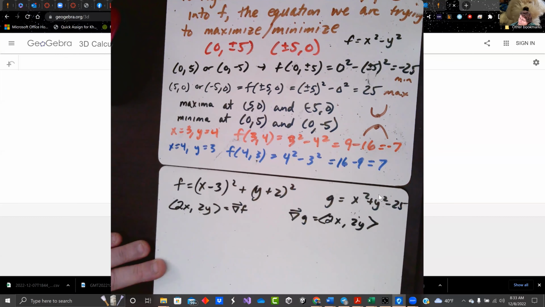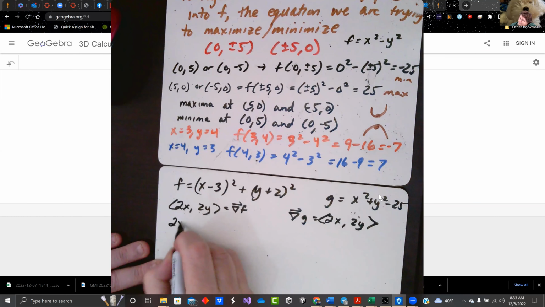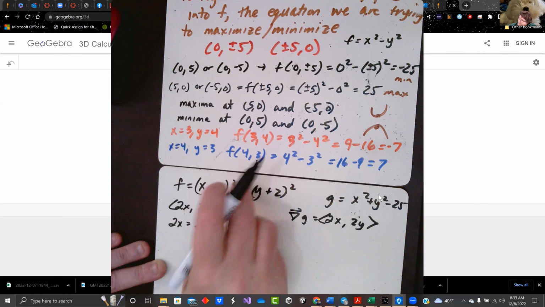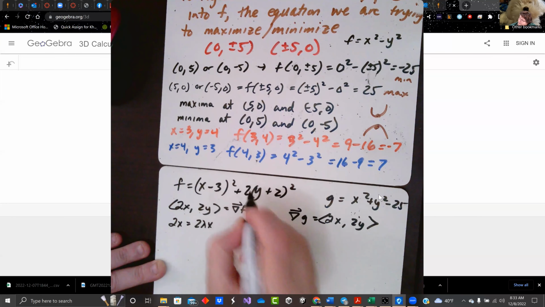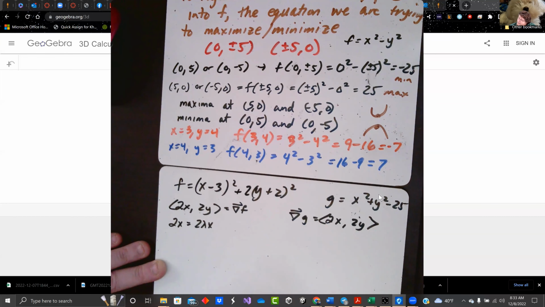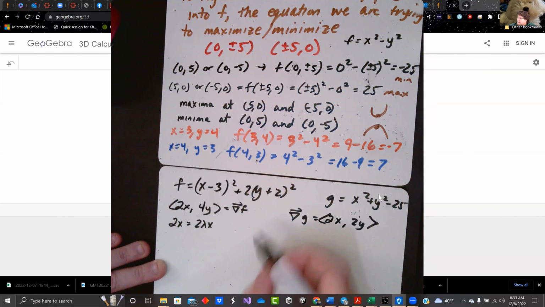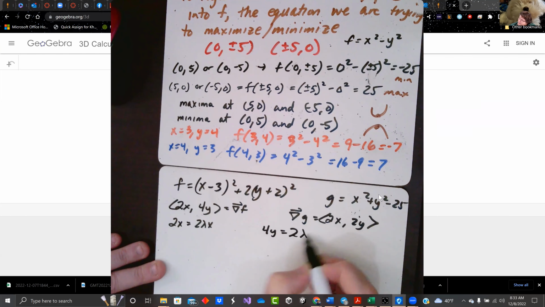I wonder how this is going to work when they're both like this. We're going to have 2x equals 2 lambda x. I think I'm going to get the same thing. Let me put a 2 in front, so this ends up being 4y. That'll change it. And I've got 4y equals 2 lambda y.